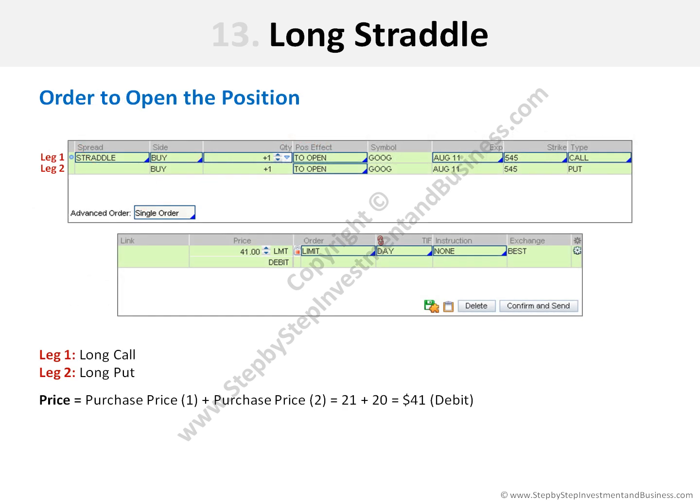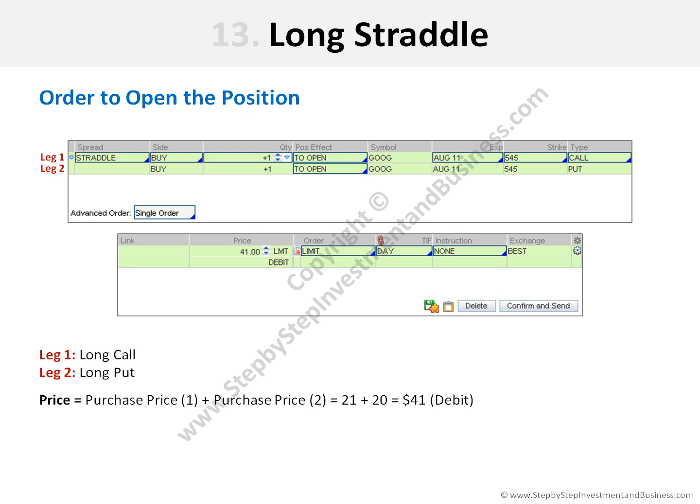Here we can see the order we must enter to open the position. It is an order with two legs. Leg number 1 corresponds to the long call and consists of buying one Google call with a strike price of $445 and expiration in August 2011.